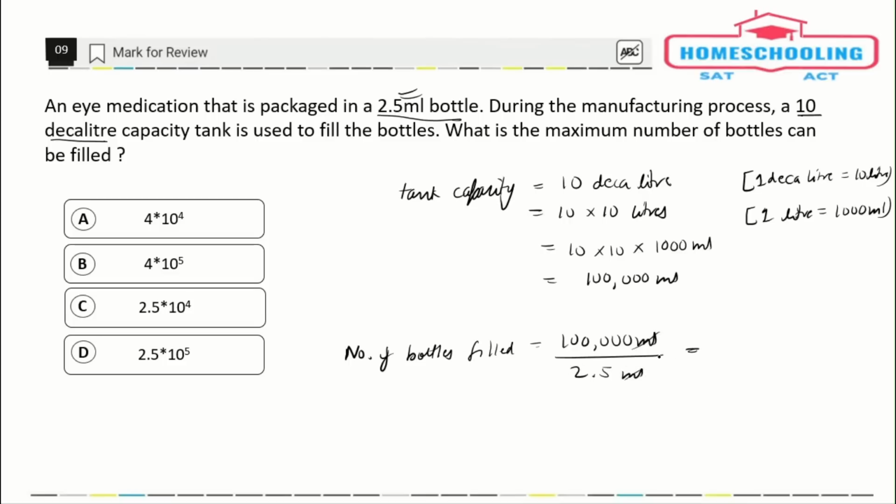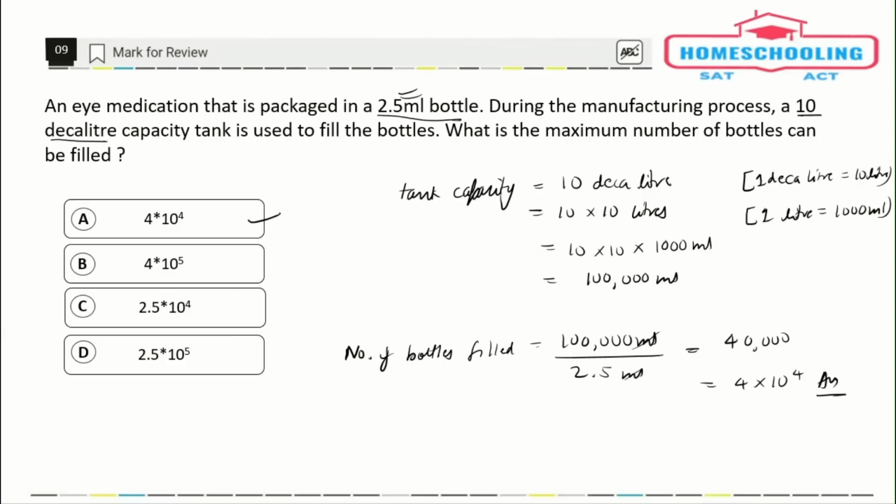This would be 40,000. And here, as we can see, it is written in 10 to the power 4, so 4 into 10 to the power 4. This is your answer. So option A is the correct answer.